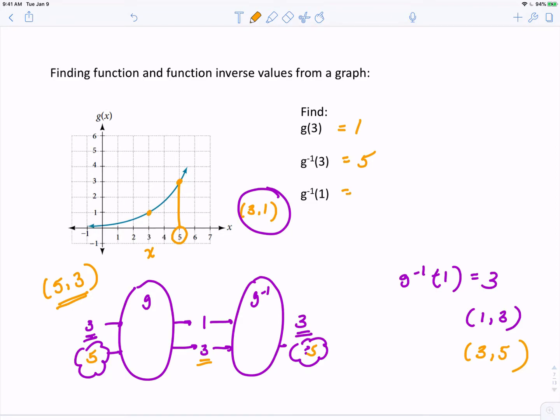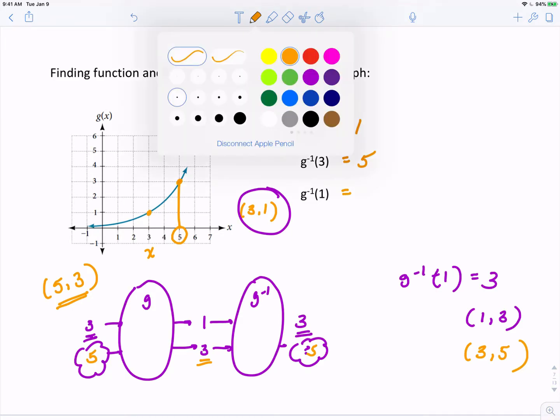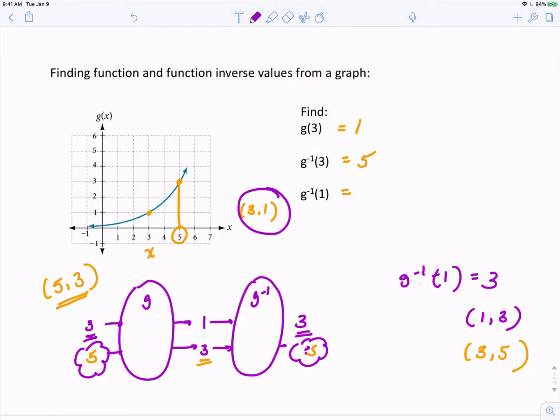We'll do one more example. Find g inverse of 1. What that means is that we have a number 1 that we want to put into g inverse, and the question is, what should it be equal to? Well, it should be equal to whatever we put in originally that would have given us an output of 1. And we already have that answer here in our first line.